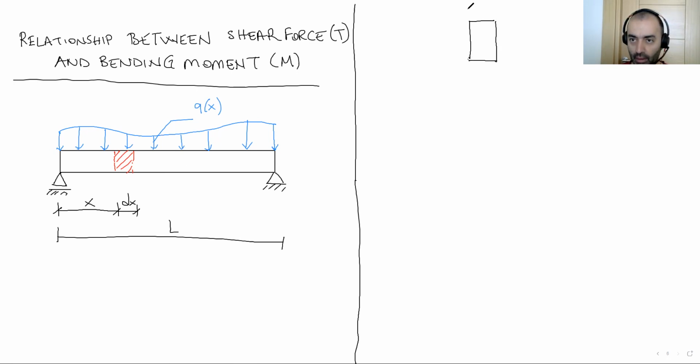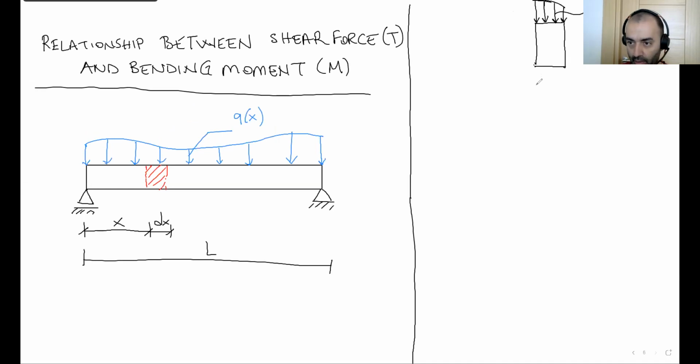On the beam, we have the distributed load here, which is Qx again. And the length of this member is, remember, dx. Here, this is the axis of the beam.